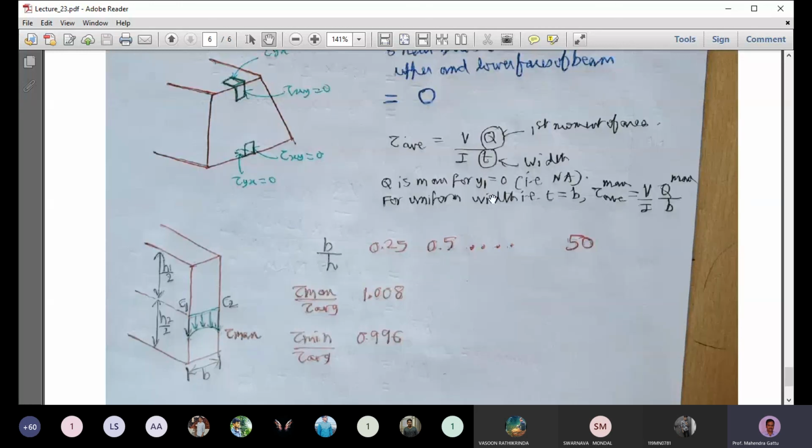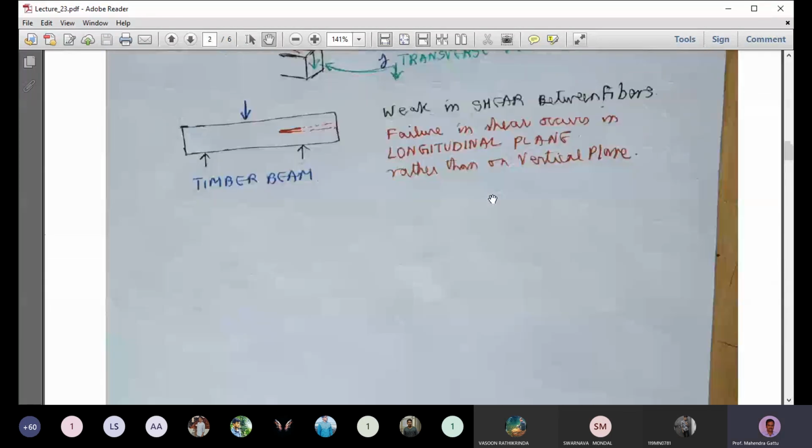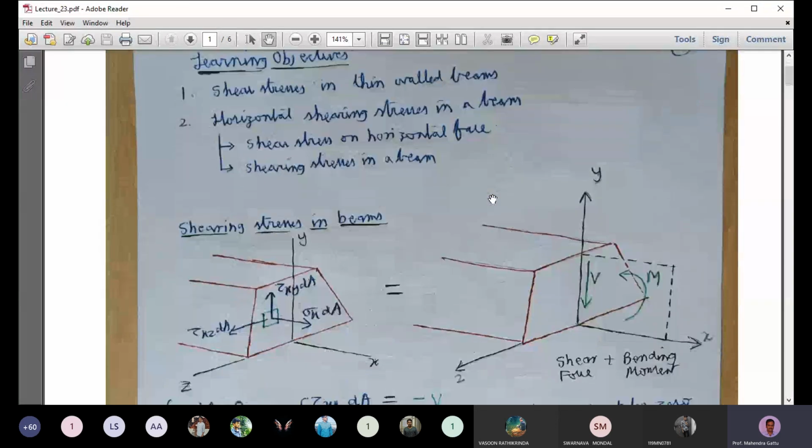Okay, so regarding the shear stresses in beams, we have discussed the slipping taking place between planes under the action of transverse loads, and then we found what the horizontal force acting along the longitudinal direction, delta H, is in terms of V, Q and I. Then we found the shear flow q, which is delta H by delta X, which is VQ by I, and then we found tau average, which is VQ by IT.